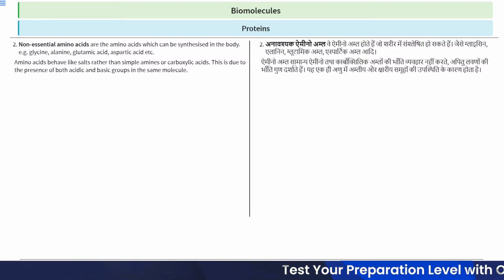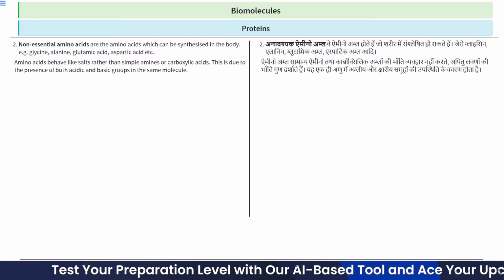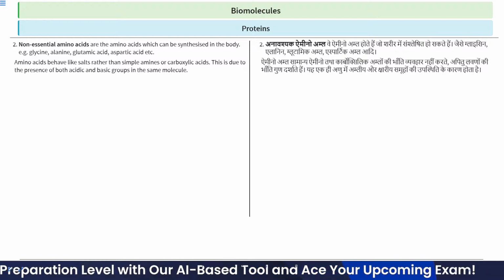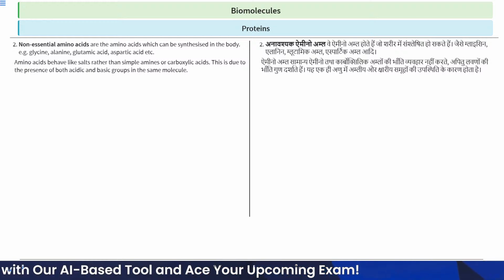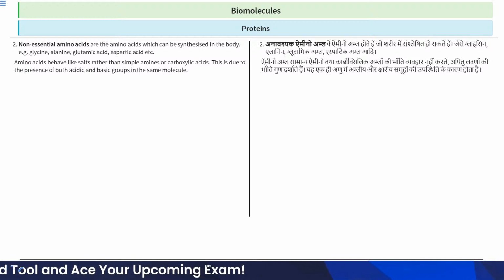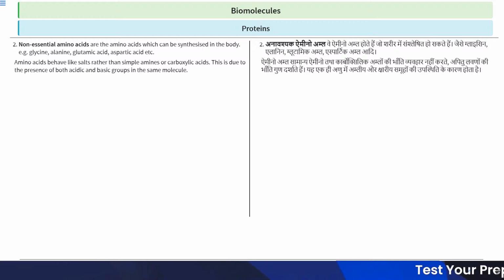This is due to the presence of both acidic and basic groups in the same molecule. That is why it behaves like a salt rather than simple amines or carboxylic acids.